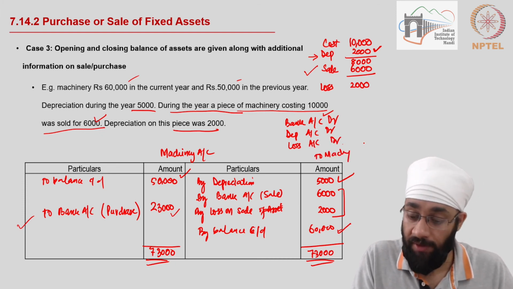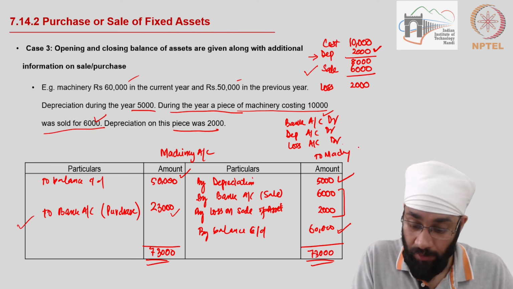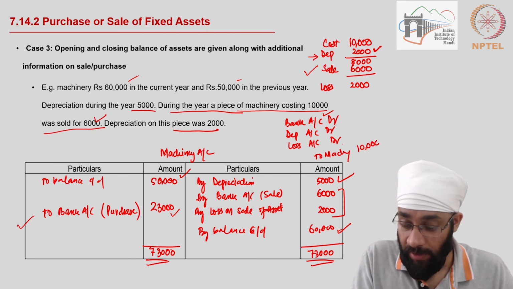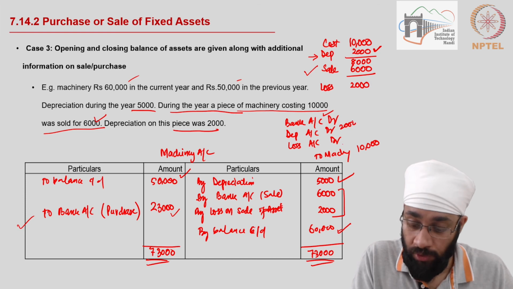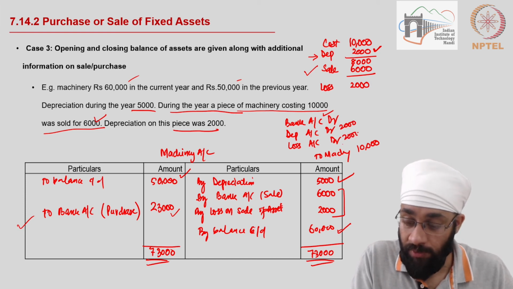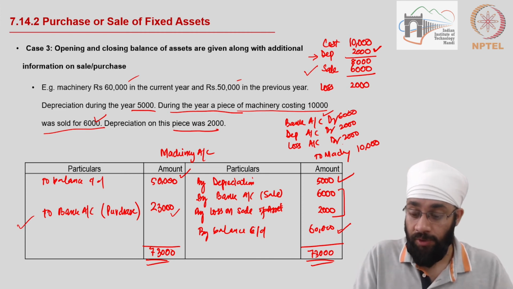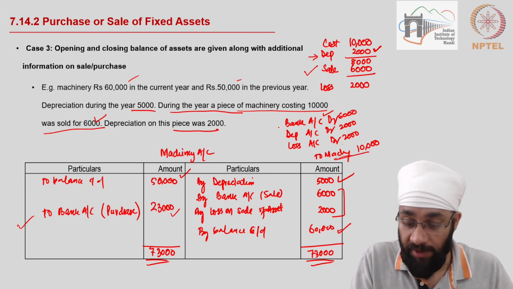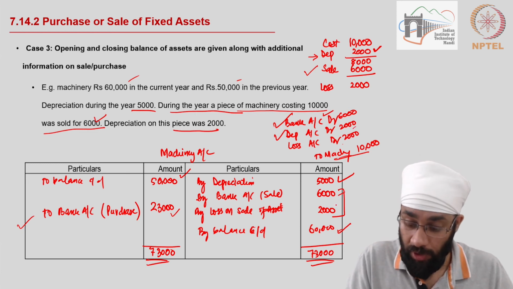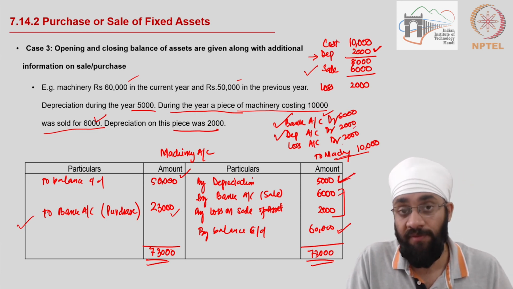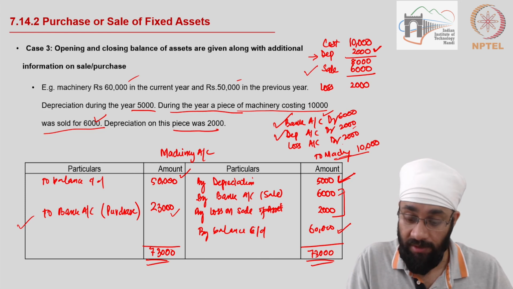This would be the journal entry. Machinery's value was 10,000. Depreciation on this was 2,000. Loss is 2,000 and the sale is for 6,000. That's all. So in the machinery account, we have written by bank 6,000 here. By depreciation 2,000 is included in this 5,000. That's why we're not repeating it. And by loss is 2,000.